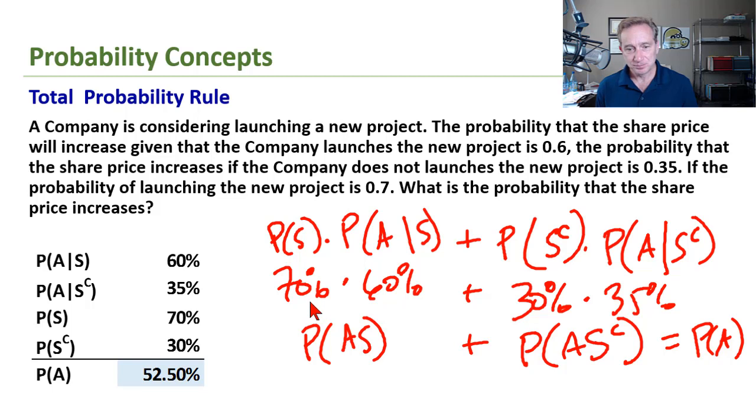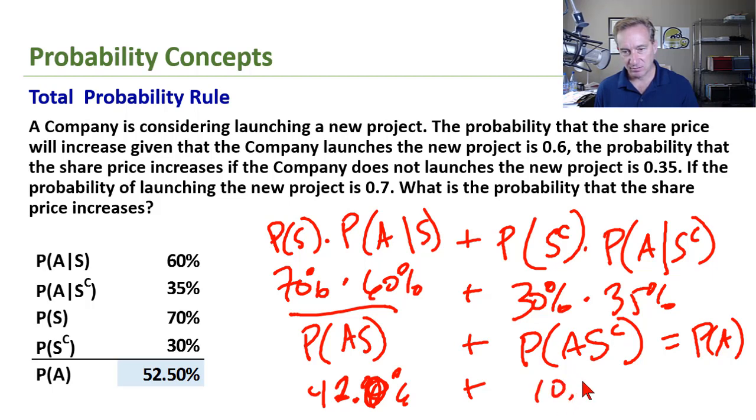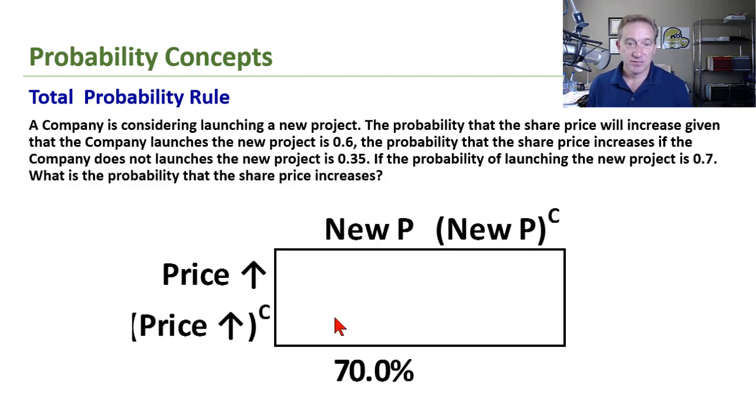So looks like 42.0% here, plus here looks like 10.5% equals my 52.5%.